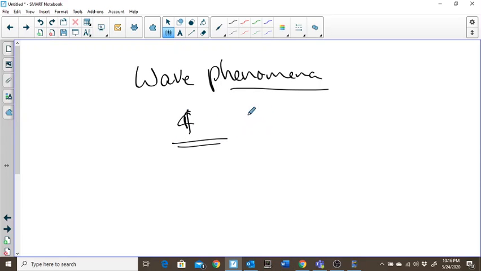And if you can show something does those 4 phenomena, then it's a wave. Now, light is really interesting because light behaves as a wave: light reflects, refracts, interferes, and diffracts. Refract and reflect you know. Diffract and interfere, you haven't dealt with yet.